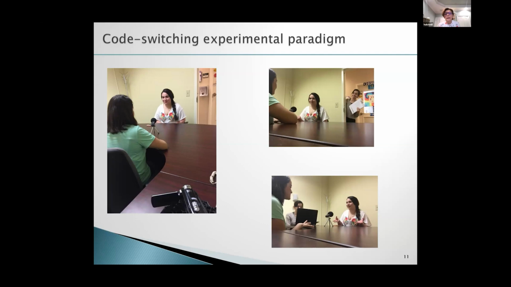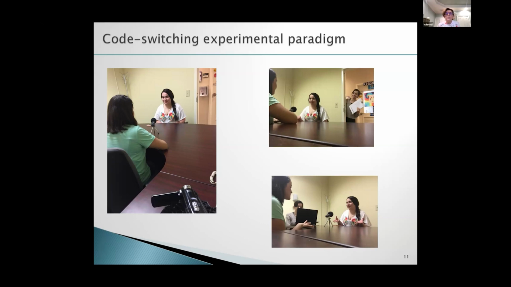So the experimenters are usually monolingual English speakers. She comes in, she approaches, and she talks to the interviewer in English. And then she remains in the room close to the participant and the interviewer. And the interviewer continues the interview in Spanish for the rest of the time.